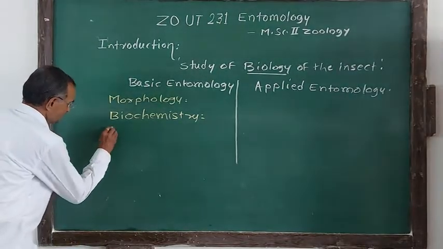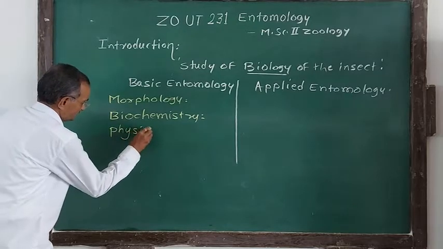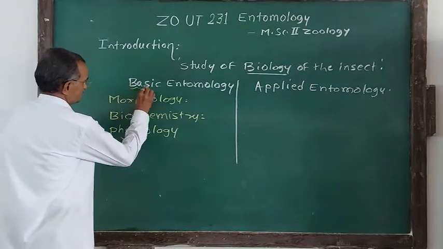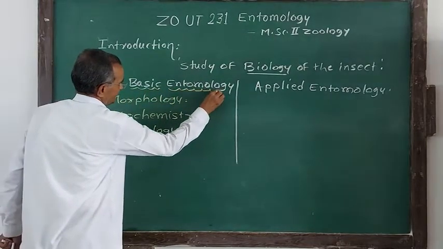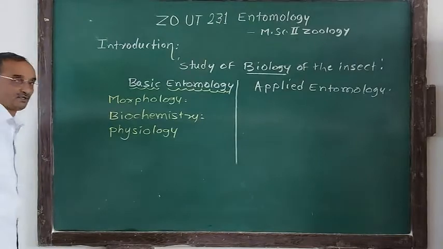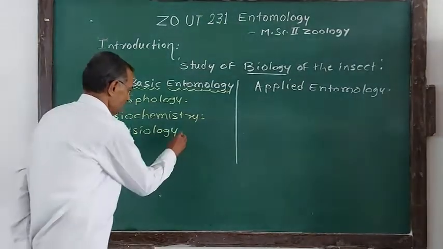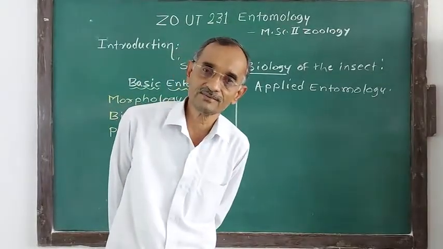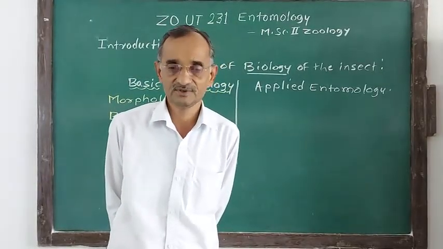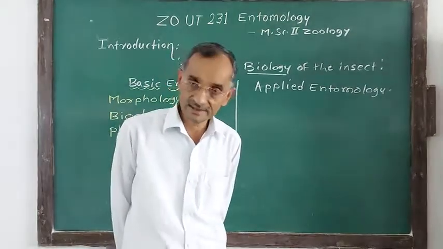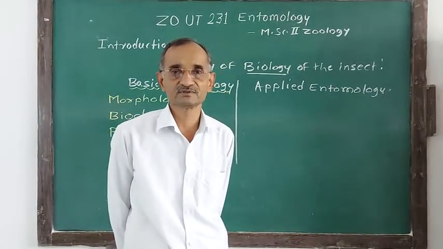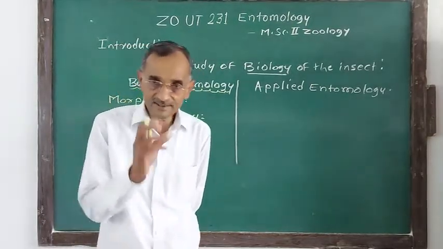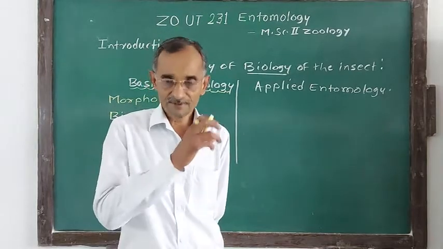It also deals with the physiology of the insect. This category of entomology includes physiology. What does the physiology of an insect mean? How every part of the insect works. Physiology is the science of the working of organs and systems: different parts, different organs, different appendages, different systems.